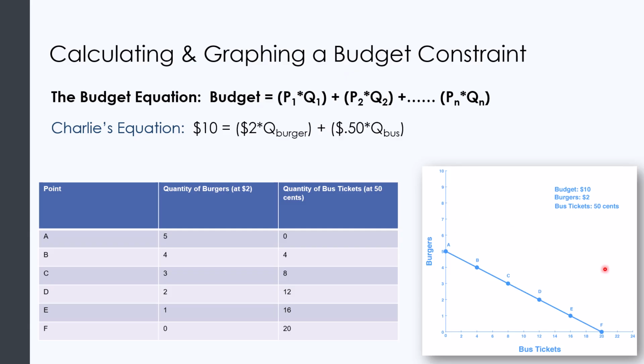Above the line, up here in kind of this white space, are all of the choices that Charlie can't have with the resources he has. They are unattainable because he doesn't have enough resources in his budget. So for example, if he wanted 10 burgers, that would cost him $20.